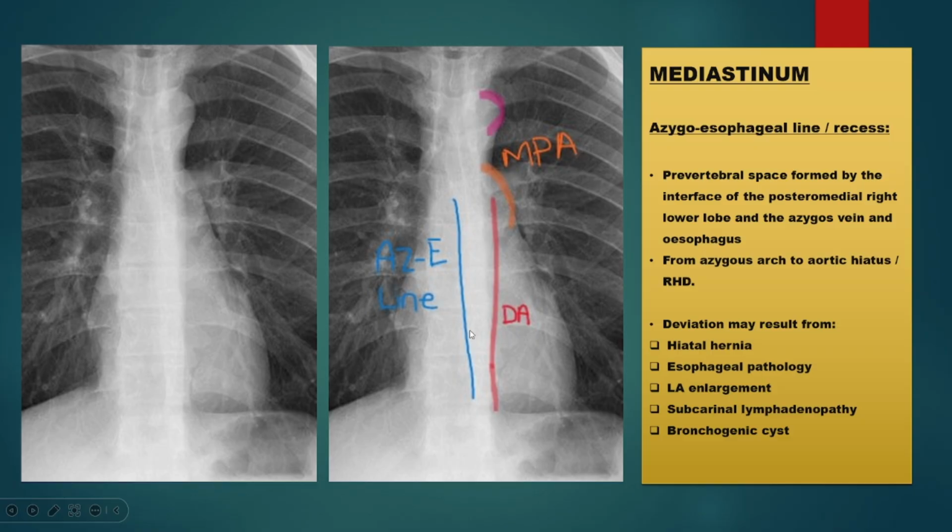Deviation of this line can be due to various pathologies such as hiatal hernia, esophageal pathology, left atrial enlargement, and subcarinal lymphadenopathy as well as bronchogenic cyst. But there are certain variations also, especially in the children.